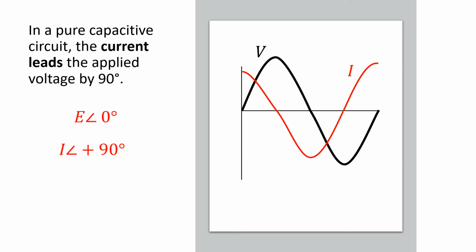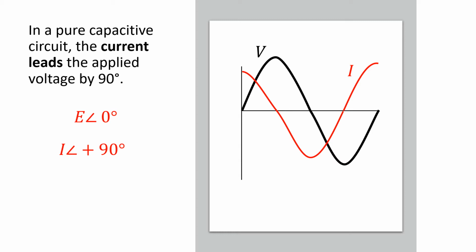Because of this, we say that capacitance has a current that leads the voltage. In a sinusoidal system, it works out nicely that in a purely capacitive circuit, the current leads the voltage by 90 degrees.